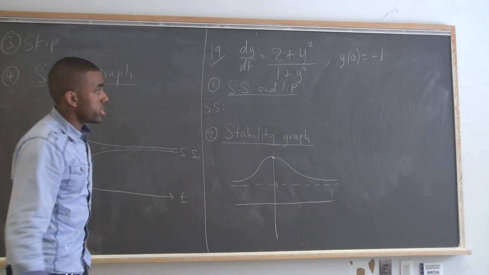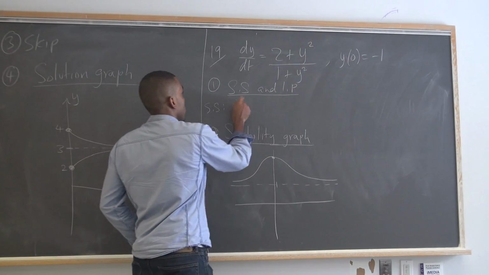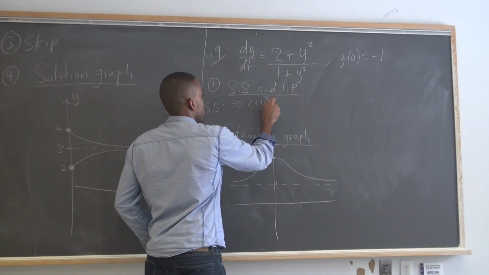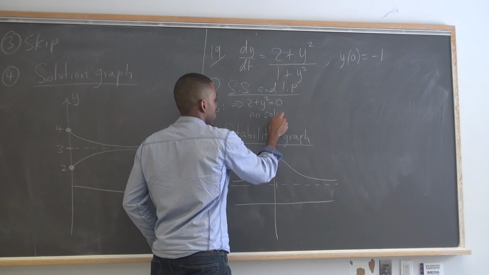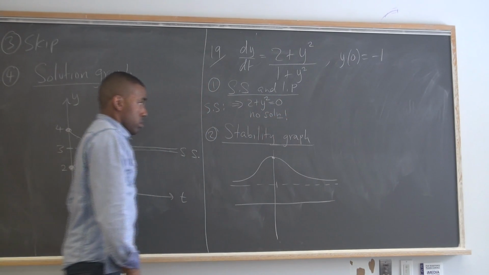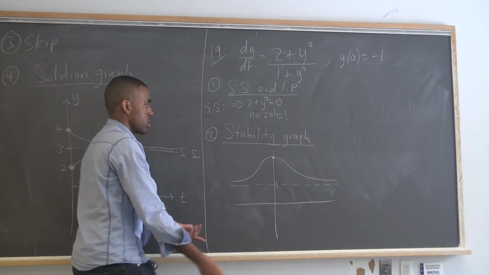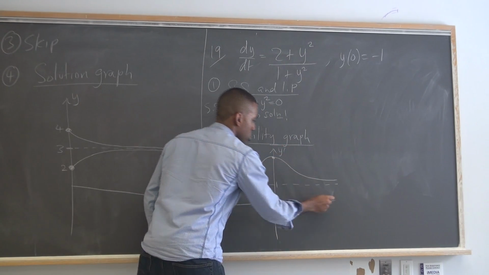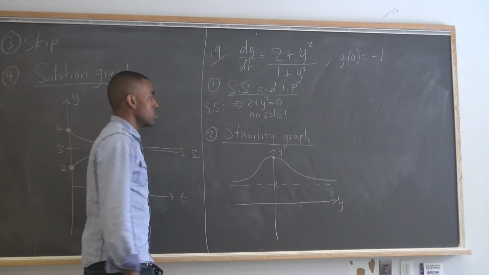What were our steady states? This means 2 plus y squared equals 0, which has no real solution. And you can see from the graph, it never intercepts the horizontal axis, so there's no solution for that. Because you can't square something and add a positive number and get 0.